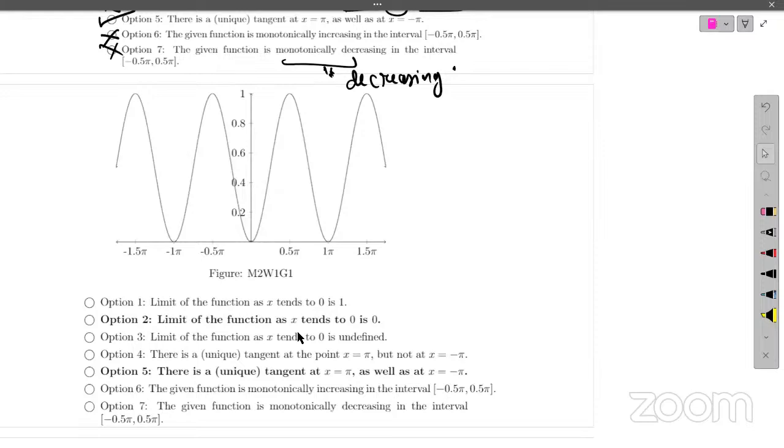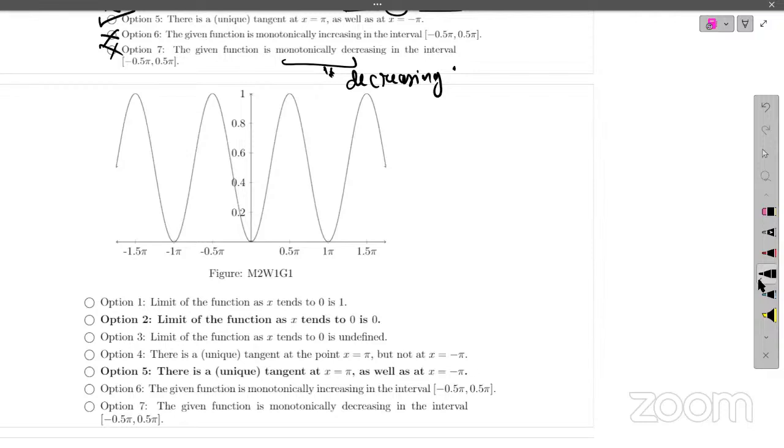Thank you. Ma'am, I can't understand how to identify whether this is a unique tangent or not. Unique tangent means you want to find a line which touches the graph. Actually, you can answer this question precisely by using the definition of differentiability.